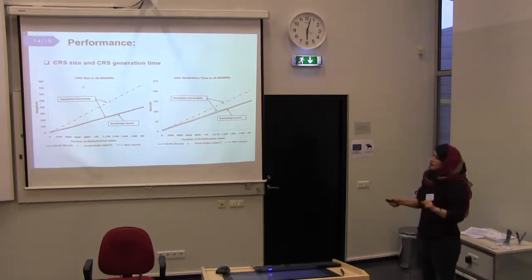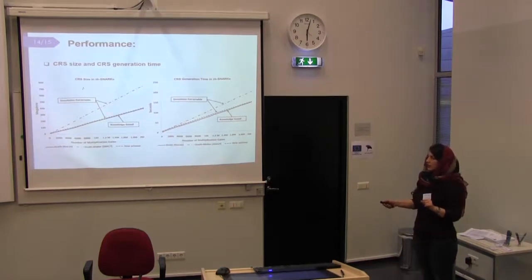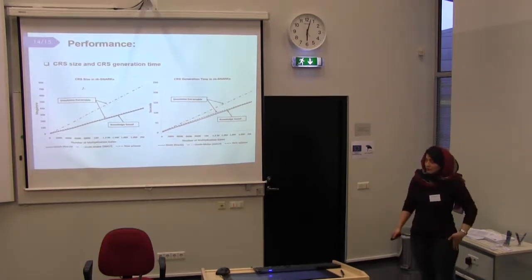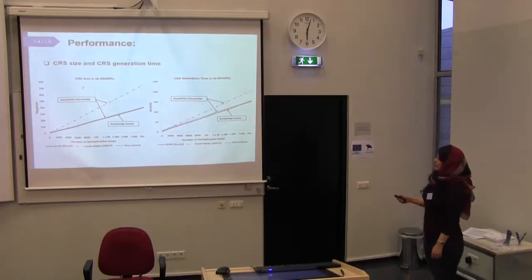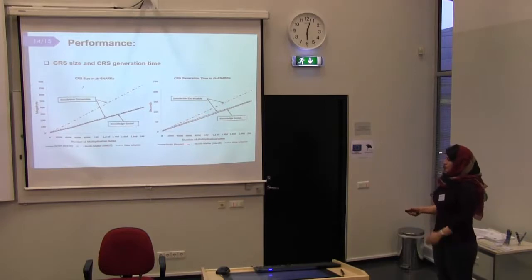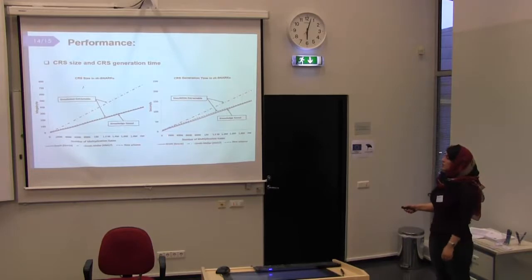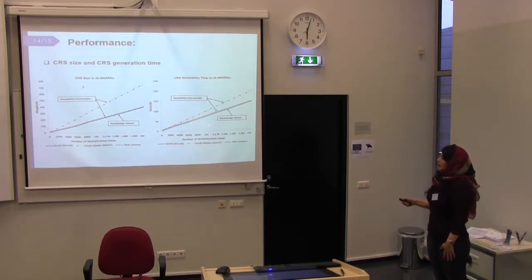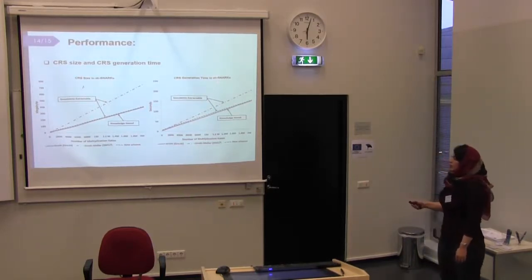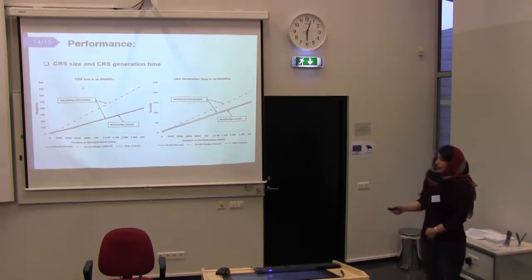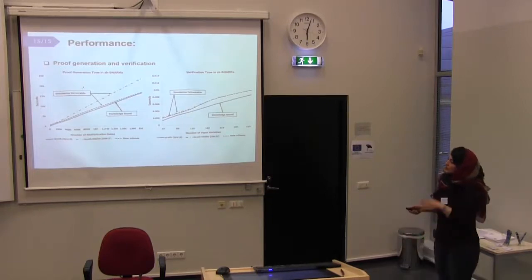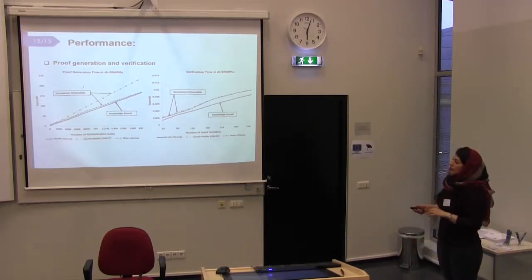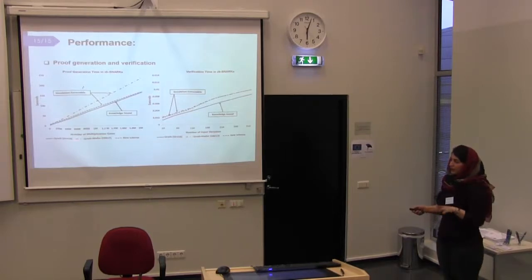In CRS size, we are very close to the Groth scheme and much better than the Groth model. The next plot is the same for different arithmetic circuits with different numbers of multiplication gates and time. In CRS generation time we are very close to Groth, and in proof generation time we are still better.